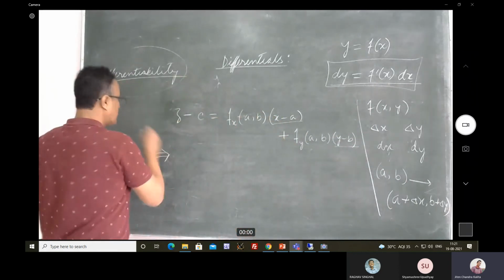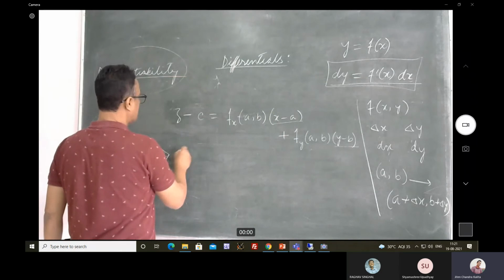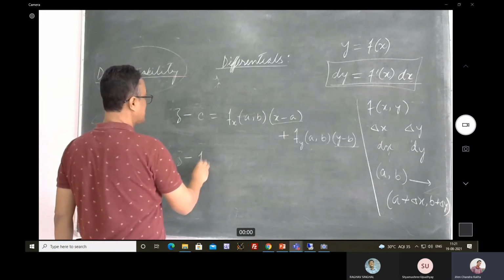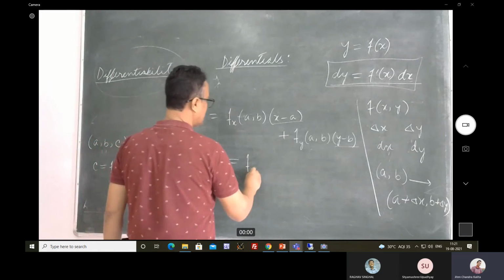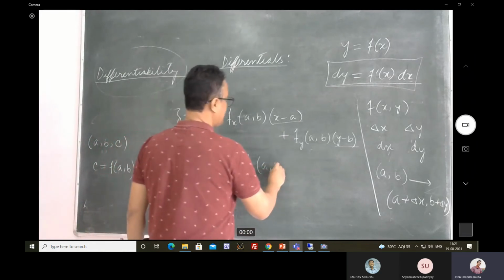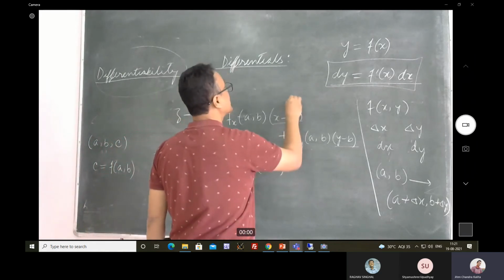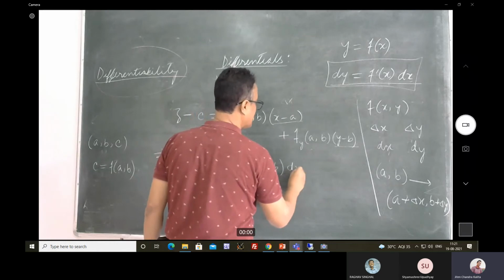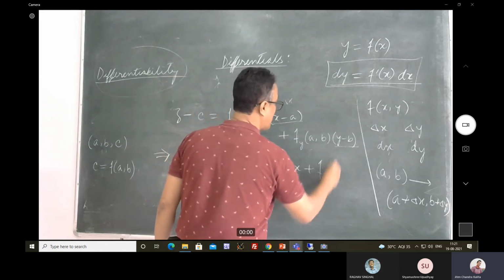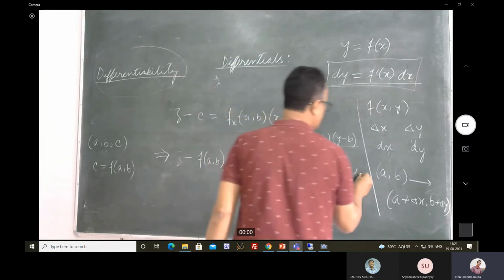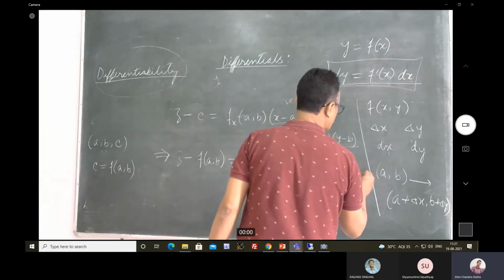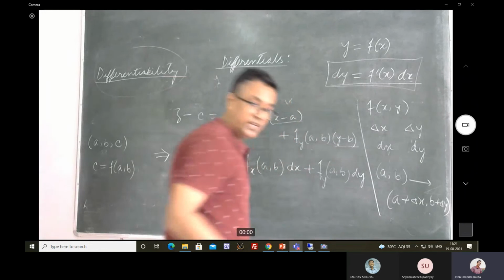So what I am going to get is z minus f of (a, b) equal to fx at (a, b) times delta x, which I am simply going to write as dx, plus fy at (a, b) times dy.